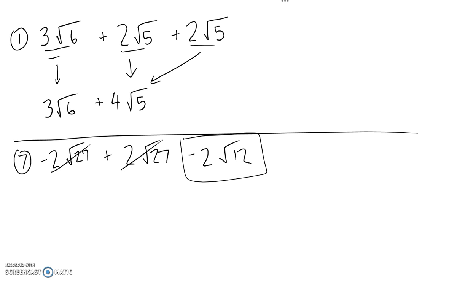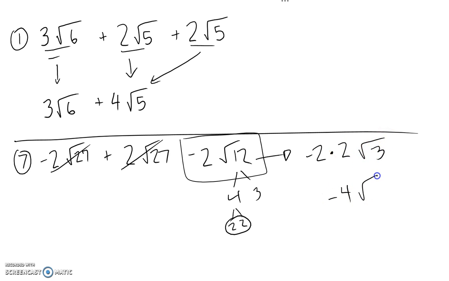And then you'll notice that square root of 12, I can reduce that into 4 and 3, 2 and 2. So these 2's are going to come out, so I will have the original negative 2 coefficient with another 2, and then square root of 3, leaving me with the final answer of 4 square root of 3.